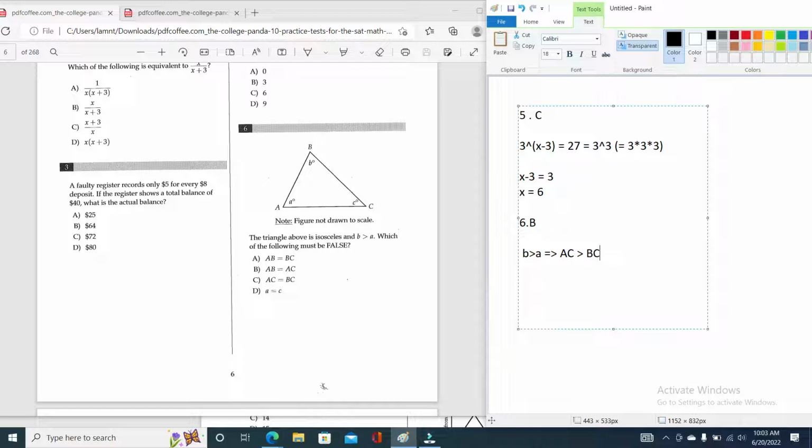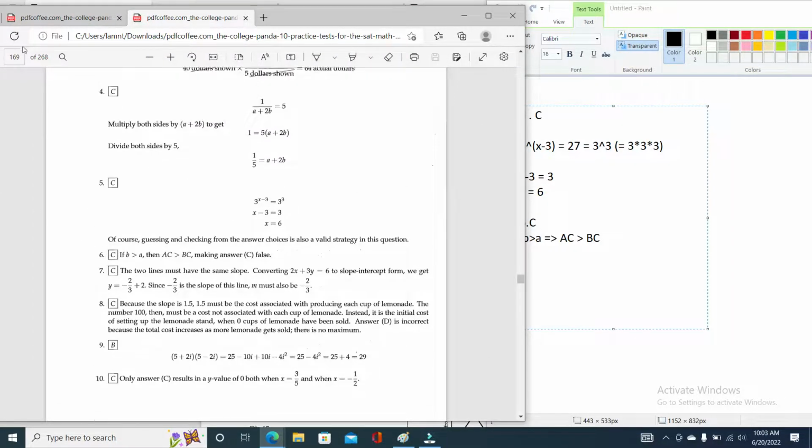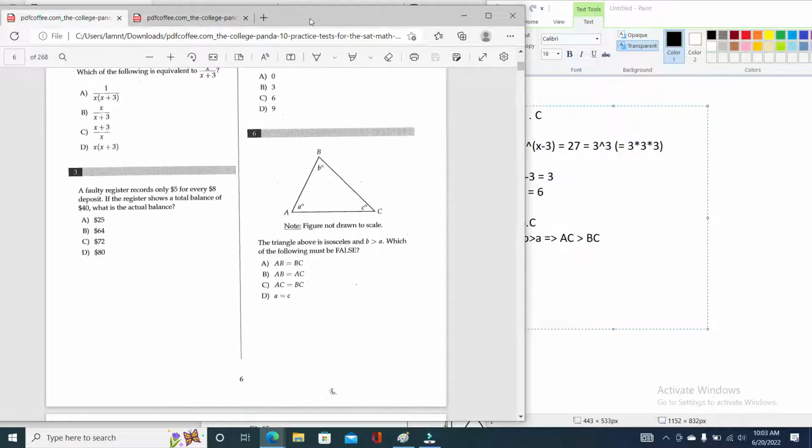So the one that is obviously false is actually C. Because angle B is bigger than angle A, the opposite side of angle B, which is AC, has to be bigger than the opposite side of angle A, which is BC. So the answer C is wrong. So 6 is C. Yeah, it's always C, right? 6 is C. Okay.